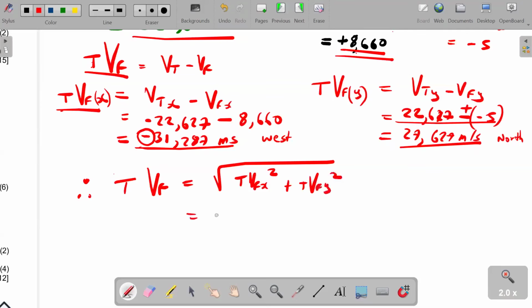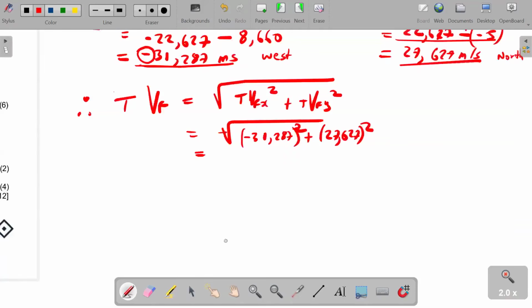So we simply take what we have right now, which is negative 31.287 squared, plus, what do we have also? 27.627 squared. What do we get? We get 41.739.